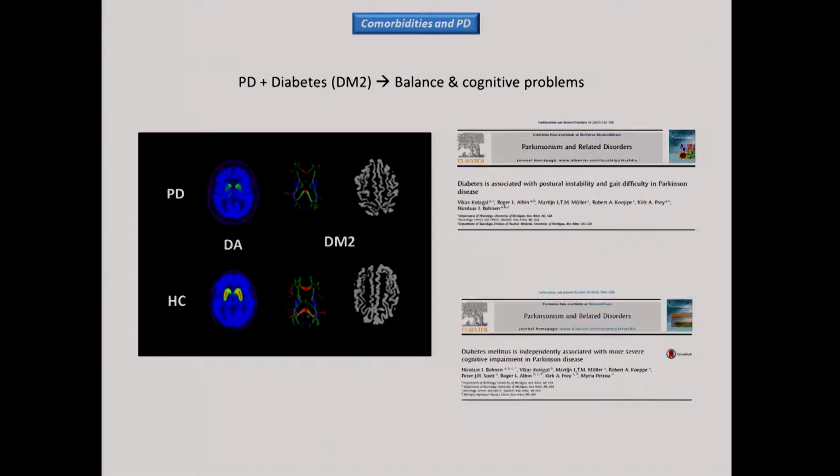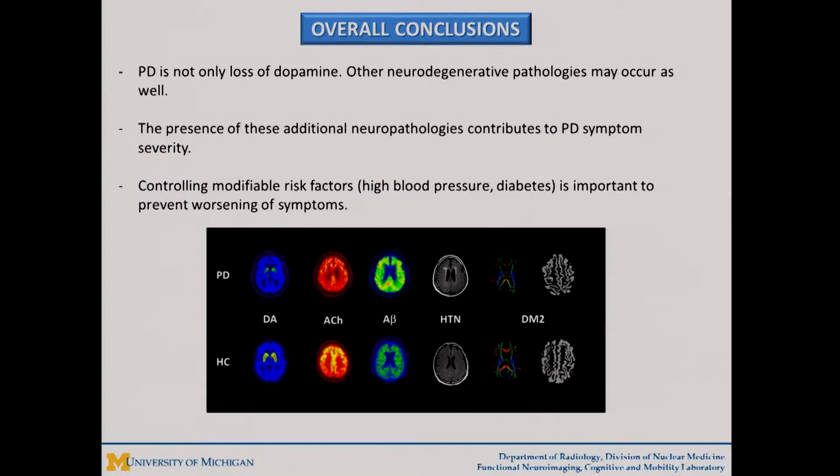You would want to control it because, again, if you look at the MRI in the brain, in this case, we actually looked at the cells in the brain, the neurons, and we see that with diabetes, there's an associated loss of cells, of brain volume. Again, that might lead to balance and cognitive problems. So the latter two, diabetes and hypertension, are modifiable risk factors.